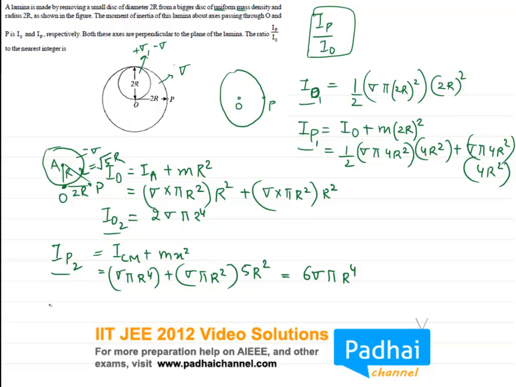So what I'll do is I need to calculate IP by IO, which will be equal to IP1 minus IP2 divided by IO1 minus IO2. So let us calculate it over here.